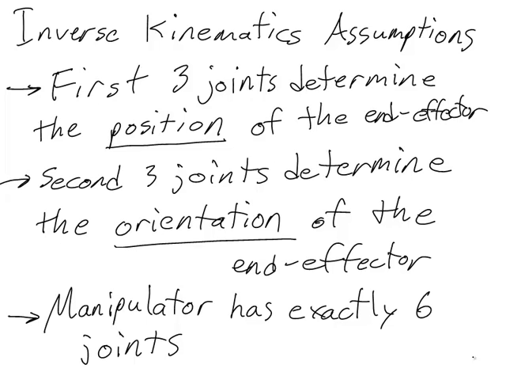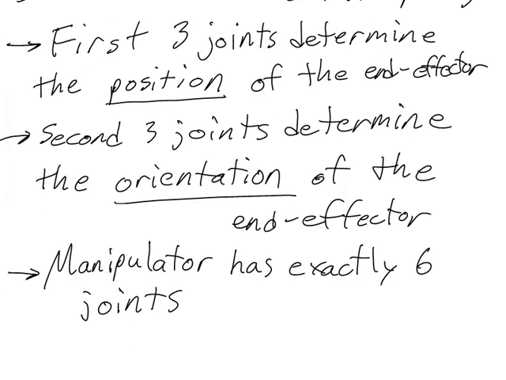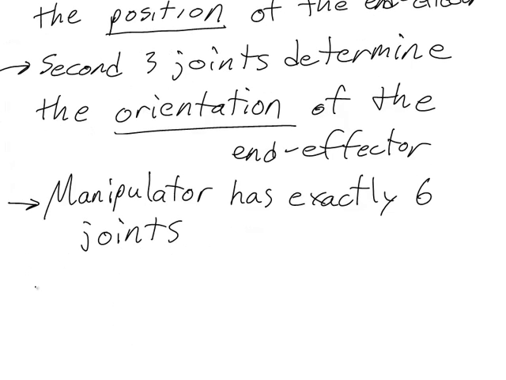For the first 3 joints, we don't have to make any kind of assumption about what configuration those 3 joints are in, as long as they're in a configuration that gives us a range of motion or a workspace in 3 dimensions. However, we have to make another assumption yet about the second 3 joints, and that is we're going to assume that the second 3 joints make up a spherical wrist.